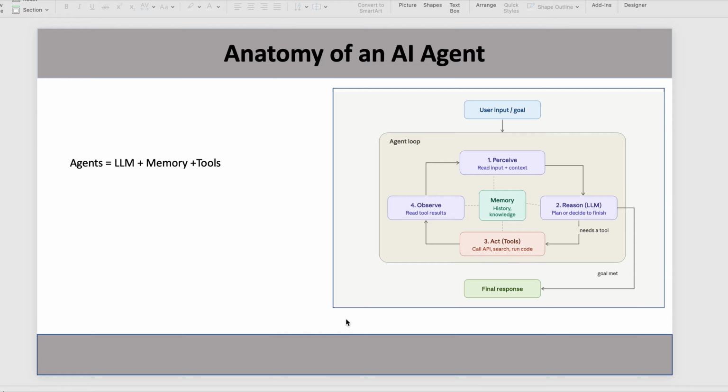The LLM understands the goal and decides what to do, while memory keeps the agent on track across multiple steps so it does not lose the context. Tools give the agent hands to actually get things done, turning it from a simple chatbot into a smart assistant that can think, remember, and act on its own.